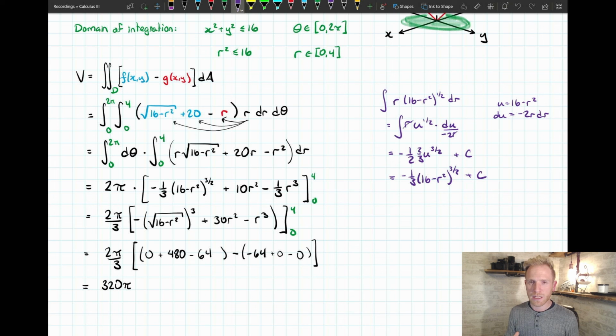In that case, if you want to find the domain of integration, you should try to find the curve of intersection of the two surfaces. Now, generally speaking, all you have to do is set the two surfaces equal to each other and then solve for that curve. That curve will be your boundary curve. And it's a very similar situation to how we found volumes of similar solid regions in Cartesian coordinates.